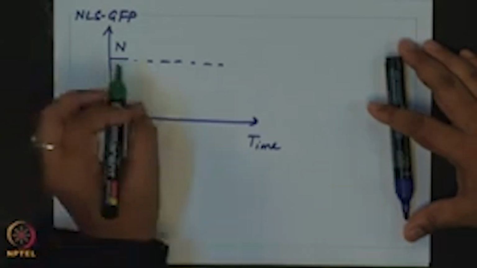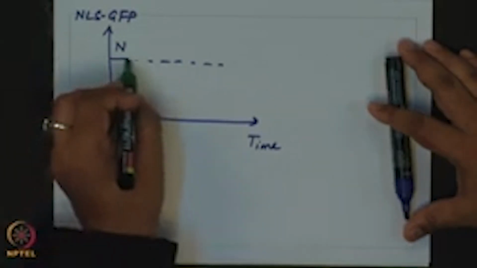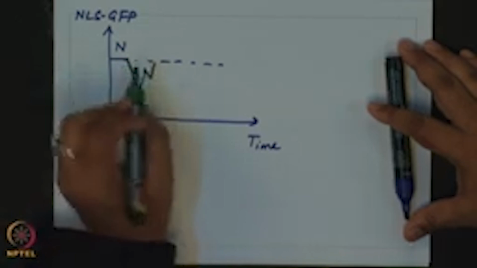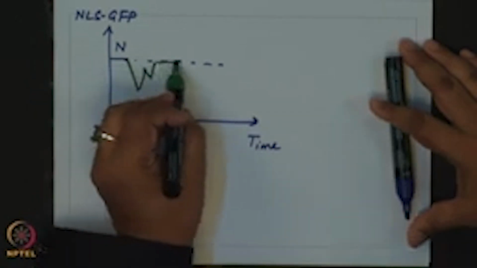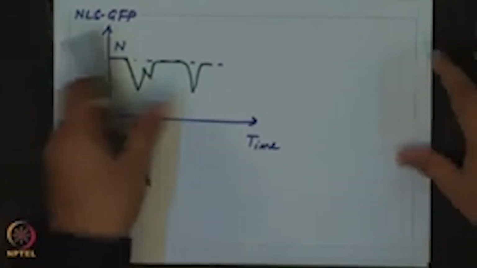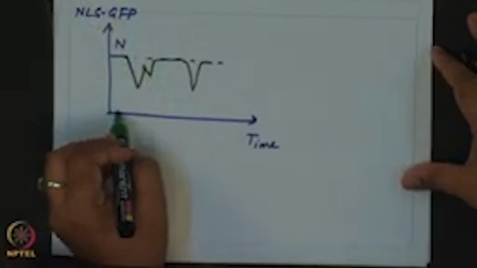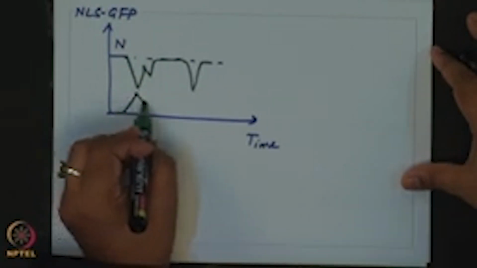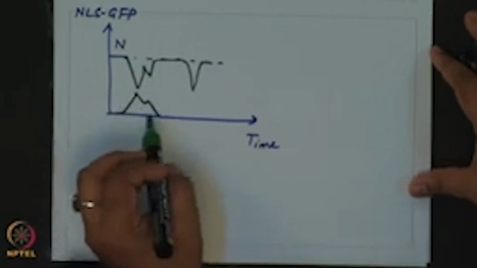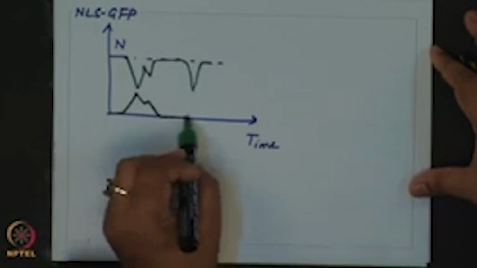But every once in a while they had a dip and then it returned to the value, and every time the nuclear signal dipped, they found a corresponding increase in the cytoplasm signal, which again fell back to 0.